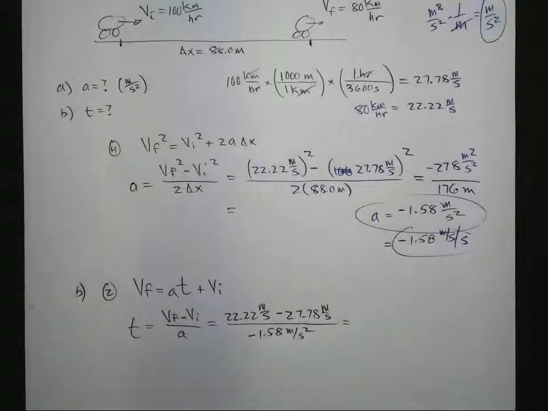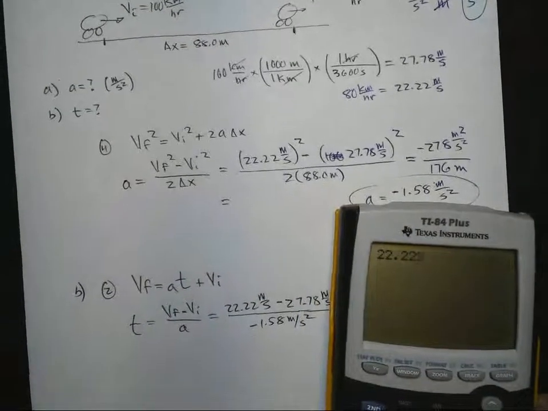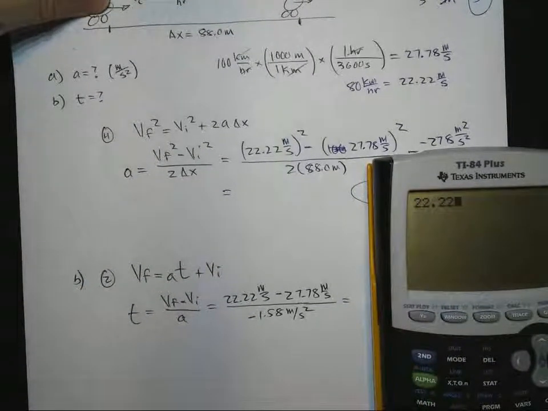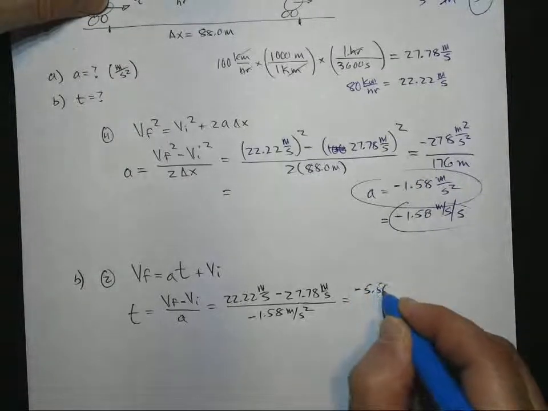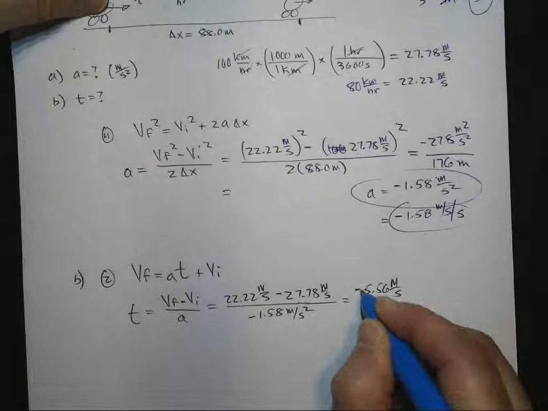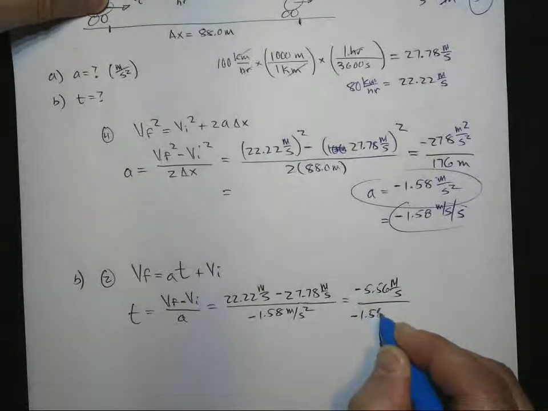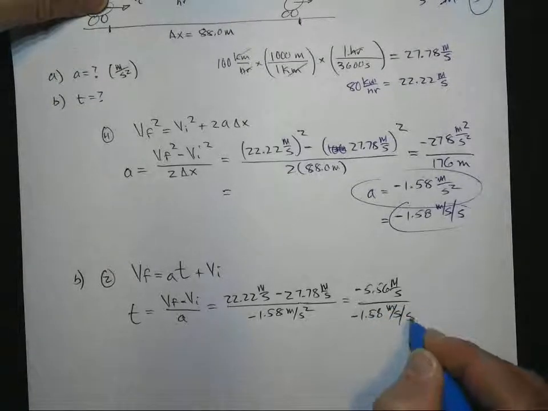And doing some of the math, again using the graphing calculator, we have 22.22 minus 27.78, we will get minus 5.56. So this is minus 5.56 meter per second. That's the delta V, the change in velocity, divided by the rate at which the velocity changes, which is the acceleration.